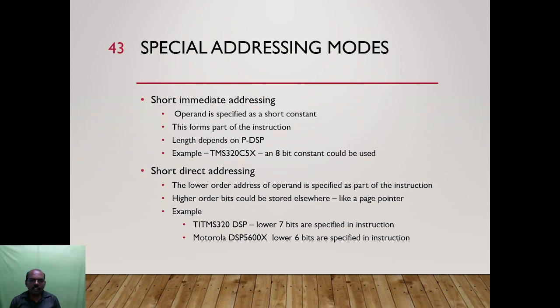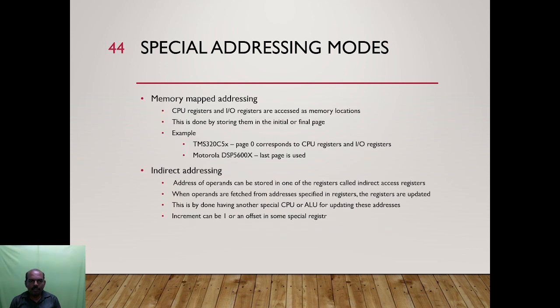Short direct addressing. The lower order address of operand is specified as part of the instruction. Higher order bits would be stored elsewhere, like a page pointer. Example: TMS320 DSP lower 7 bits are specified in instruction. Motorola DSP 5600X lower 6 bits are specified in instruction.